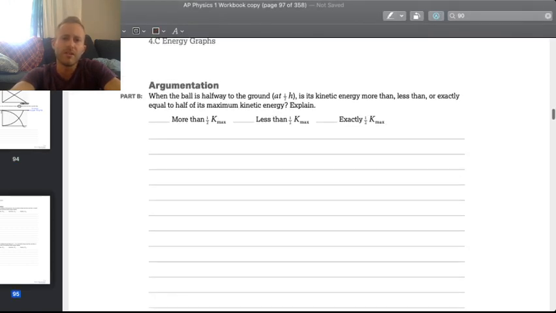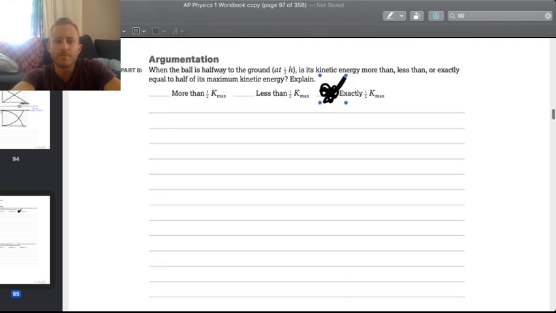All right. When the ball is halfway to the ground, is the kinetic energy more than, less than, or exactly equal to half its maximum kinetic energy? I'm going to say it's exactly 1/2. Why would I say that? Well, the total energy equals a constant.